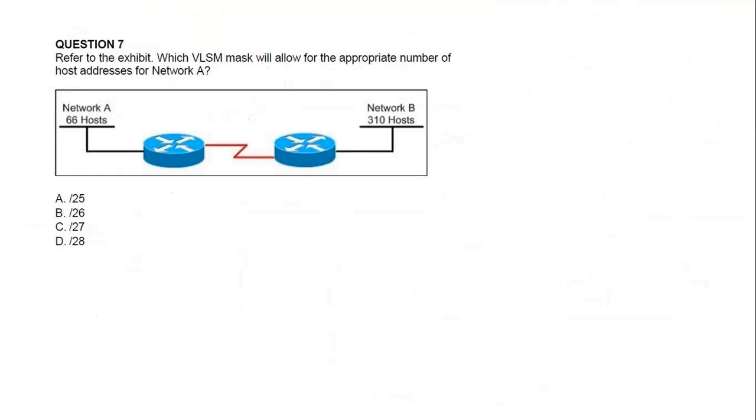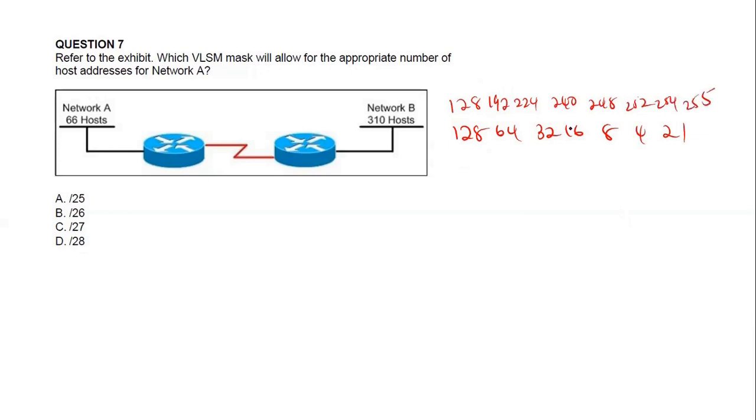Looking at network A, remember our range, always just have this out: 64, 32, 16, 8, 4, 2, and 1. And you have our subnet masks: 128, 192, 224, 240, 248, 252, 254, and 255.